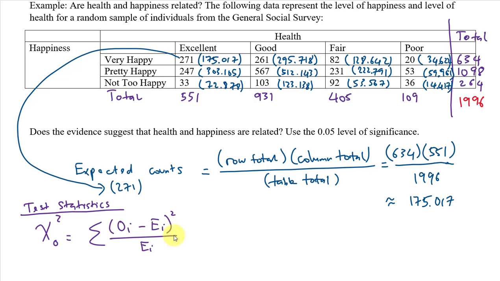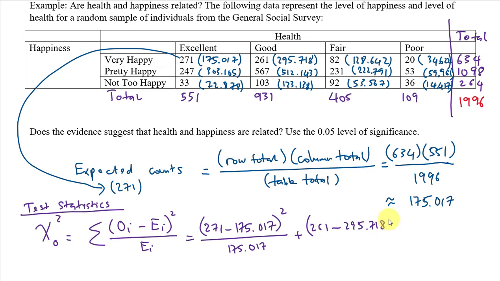So let's do the first one. I take 271, subtract the expected frequency, square that value, and divide by the expected Ei, which is 175, the second number. Then I keep adding. The next one, I take 261 minus 295.718, square, divide by the second number because that is the expected frequency.